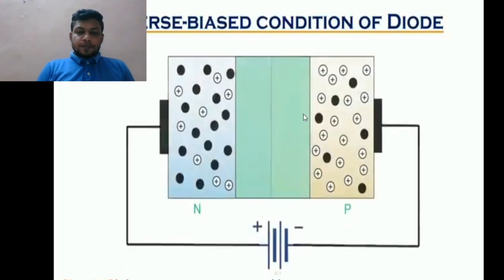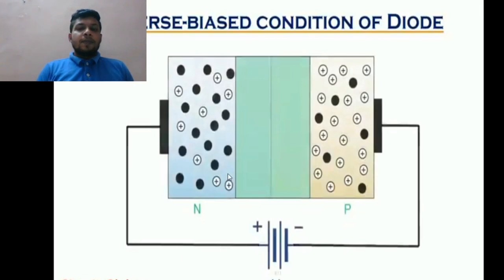The majority carriers present in the P side get attracted towards the negative side of the battery, and the electrons on the N side are attracted towards the positive side of the battery.